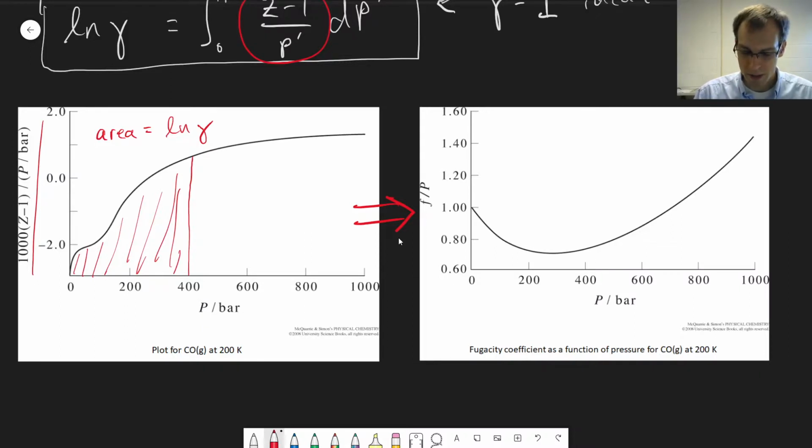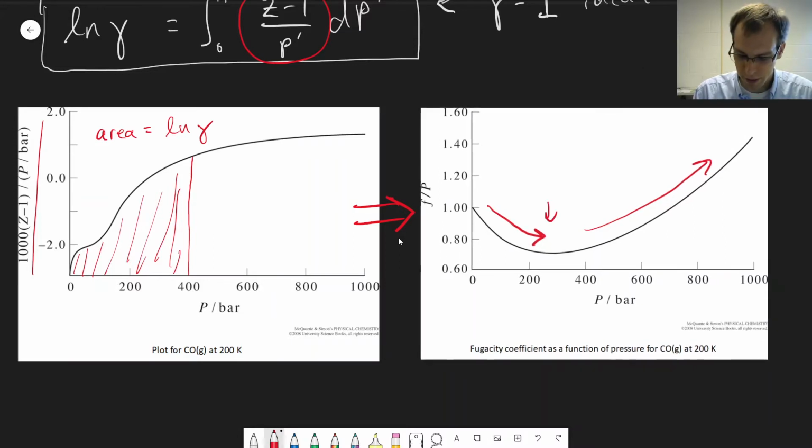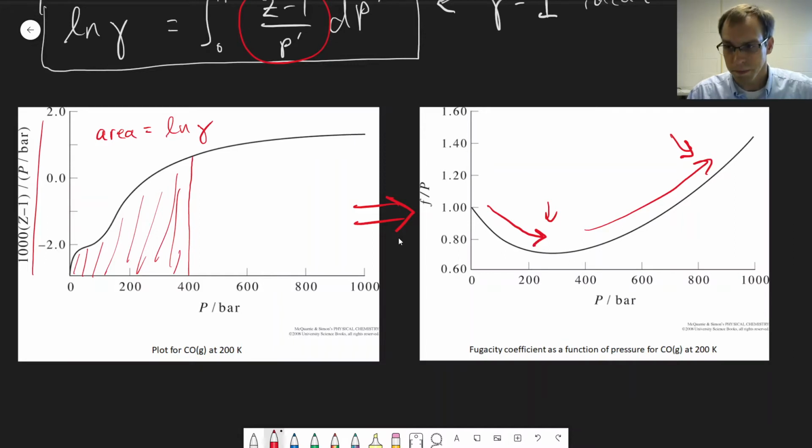And so we can see this behaves a little bit like the compressibility factor, right? It decreases below 1 at lower pressures, and then as the pressure keeps increasing, it increases above 1. For the same reasons as we saw with the compressibility factor, this has to do with the intermolecular forces, and which are more important, the attractive forces, that's this part, or the repulsive forces, that's this part, where it goes above 1.